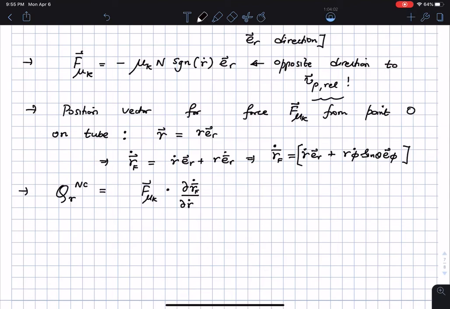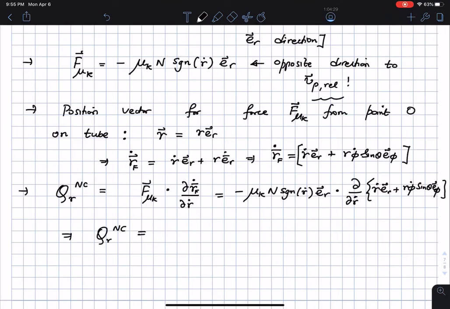And this is going to be minus mu K times N times sine of R dot eR dotted with d by dR dot of R dot eR plus R phi dot sine theta e phi. All right, which tells me that if I do the math, QRNC is just going to be minus mu k times n times sine of r dot.